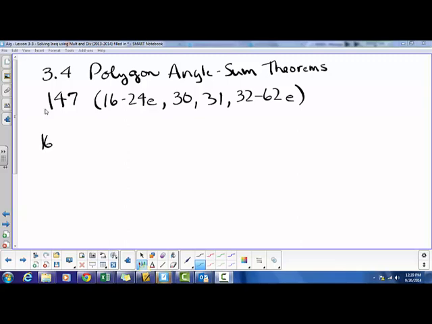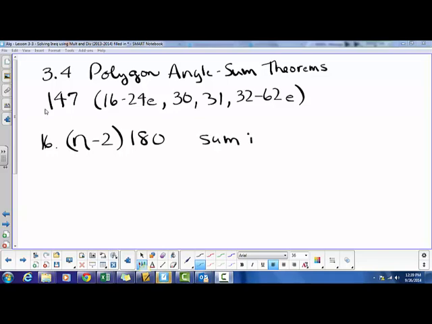Number 16. Remember the formula, n minus 2 times 180 is going to give us the sum of the interior angles of a polygon. When we divide this by n, this will give us each individual angle.